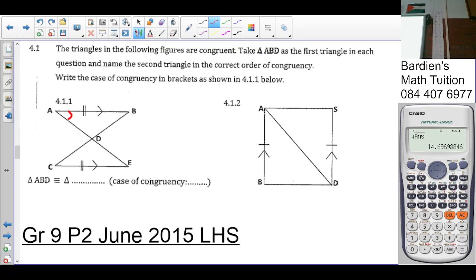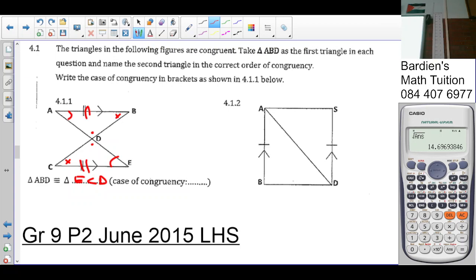Is equal to angle E, as you can see, it's alternate. Can you see? Then we know that this angle is equal to that one, it's vertically opposite. And then of course angle B is equal to angle C, the third angle of the triangle, or alternate angles. So angle A is equal to which angle? Angle E. Can you see that? Angle B is equal to angle C. And angle D is of course equal to D. So triangle ABD is congruent to triangle ECD. Why? We used... but these lengths are also equal.